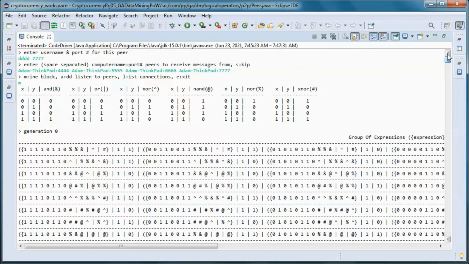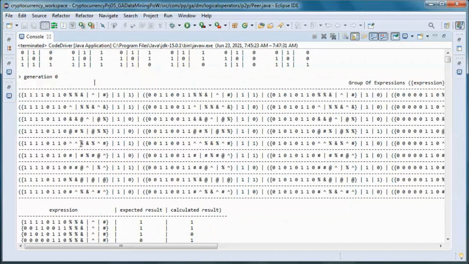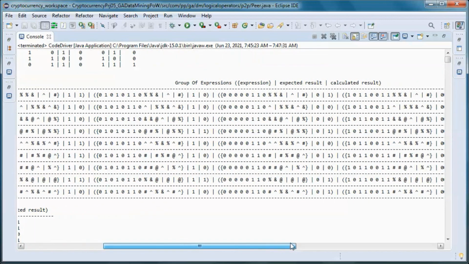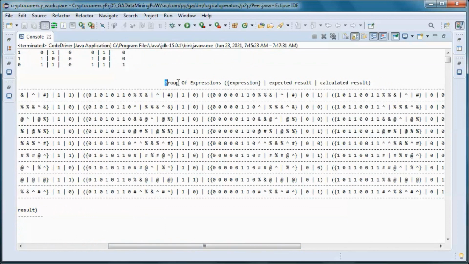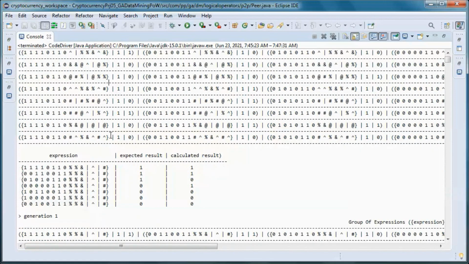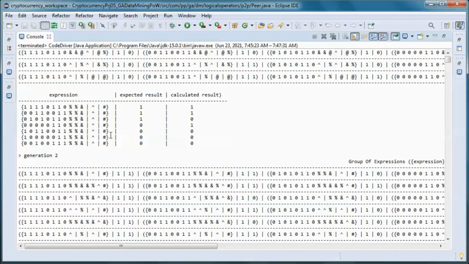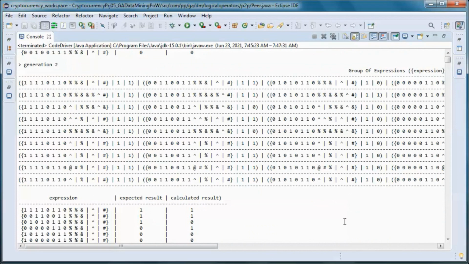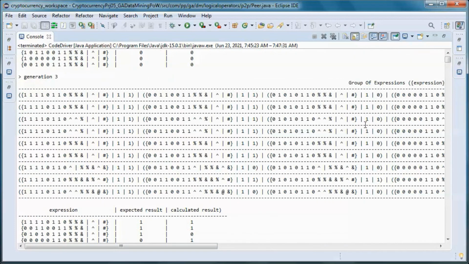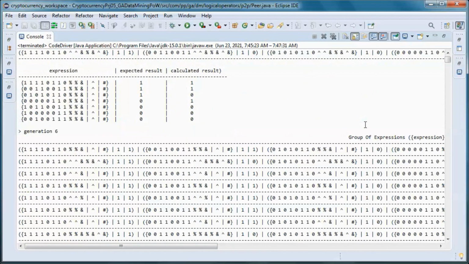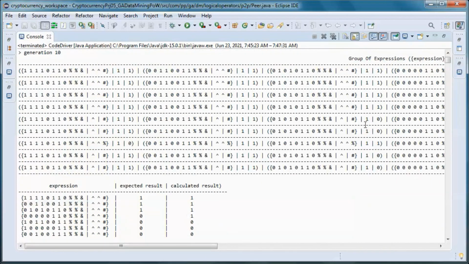And here we are using genetic algorithm in order to evolve the population of groups of expressions from one generation to the next, using selection, crossover, mutation, and elitism.